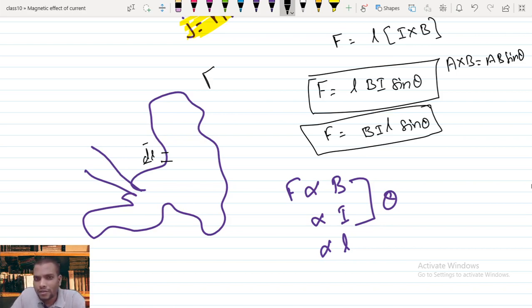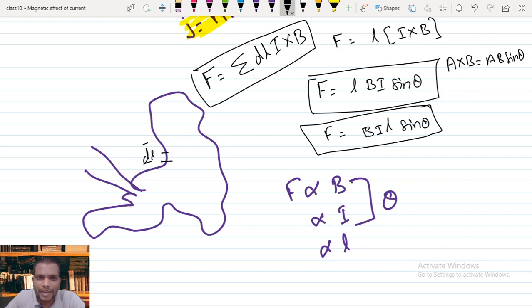With that extra work, we can get the total force, which I can write in simple manner as summation, sigma of dl, where dl is the elemental length of the conducting wire, times I cross B. So here we need to do extra work to find the elemental length. If it's straight, we can use it directly in the formula, which is easier.